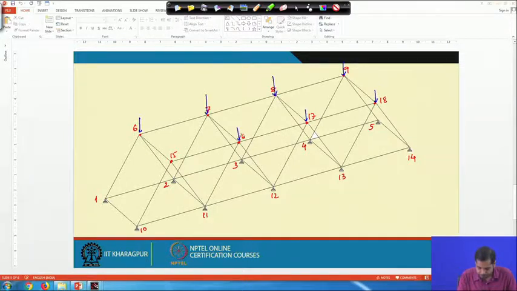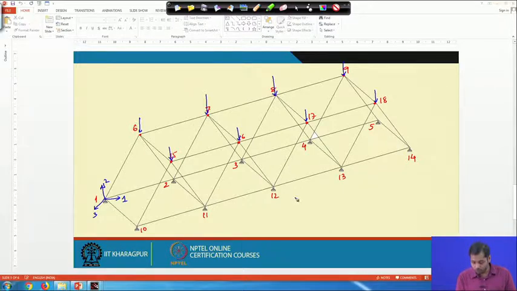Now, for member number 1, the corresponding degrees of freedom will be 1, 2 and 3. For member number 2, similarly it is 3, 4, 5, 6 and so on. Another piece of information from here is that nodes 1 to 5 and 10 to 14 are hinge joints, so the corresponding degrees of freedom will be 0.